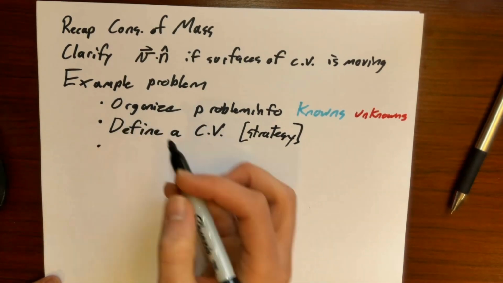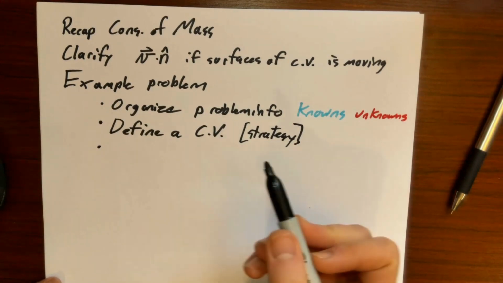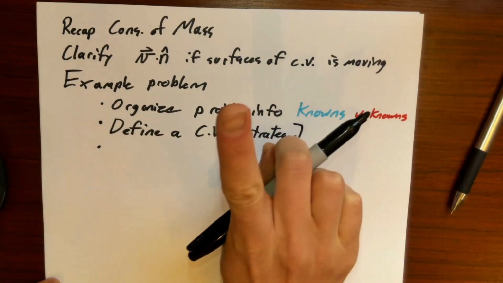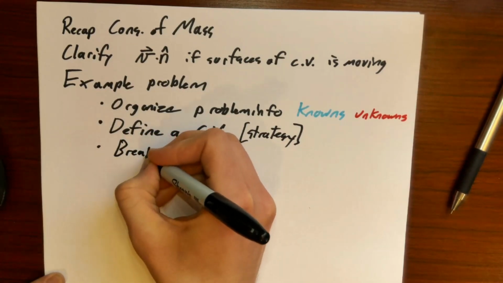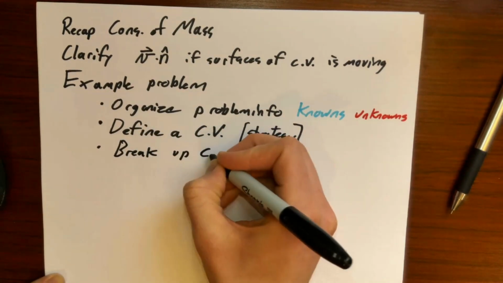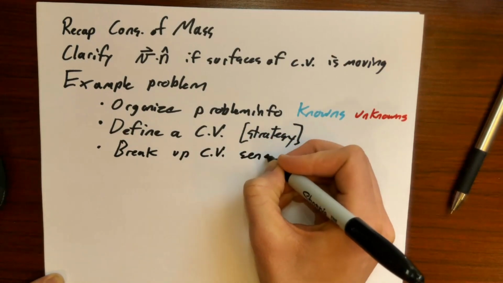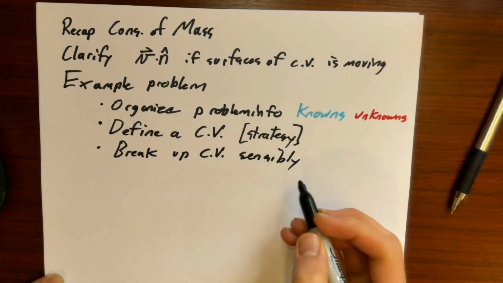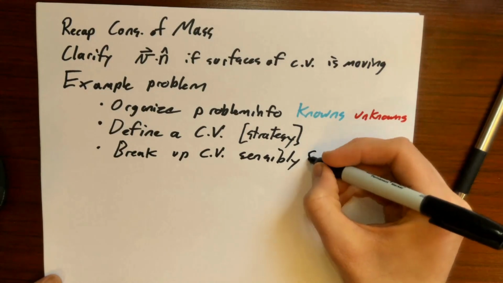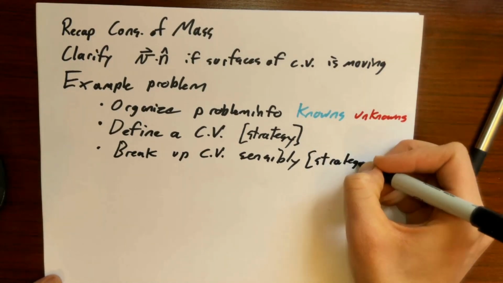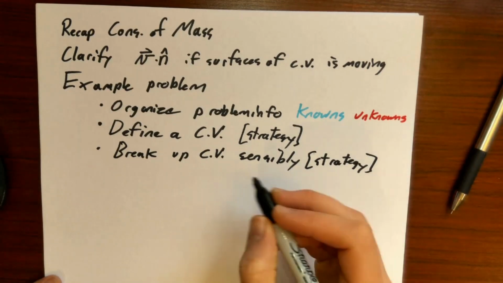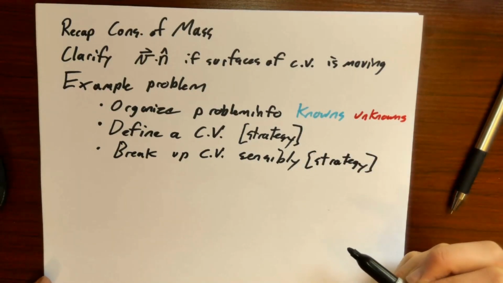And then just as soon as we define this control volume, we're going to go ahead and break it up in a very sensible way. So we're going to break up our control volume sensibly, and there's some strategy to that as well that I'll talk about as we're going through this example problem.